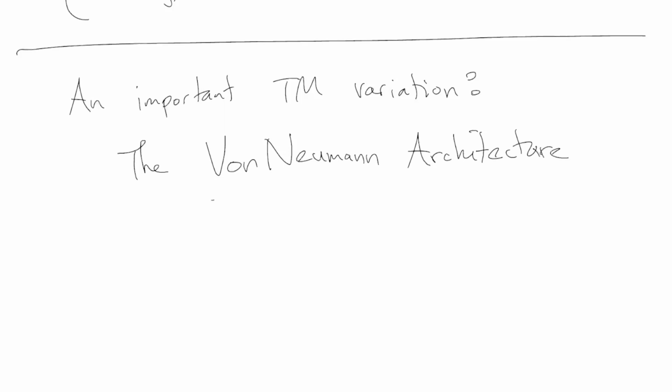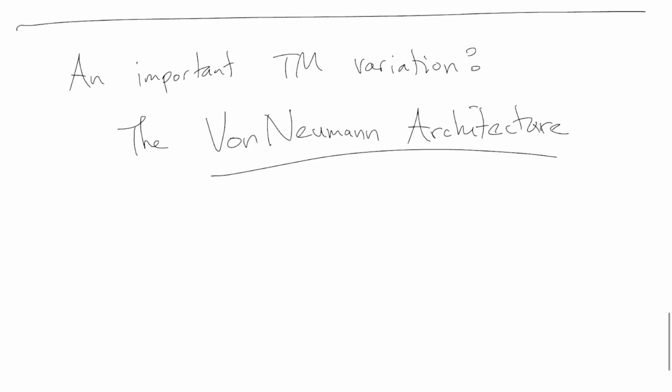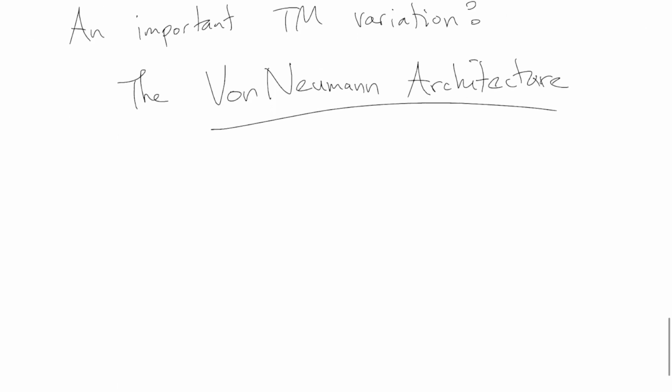I'm not going to describe it in complete detail, but the Turing machine consists of a head with a tape, and the head can move around on the tape and change the values on the tape. The von Neumann architecture is a different kind of imagination about the general shape of the machine.